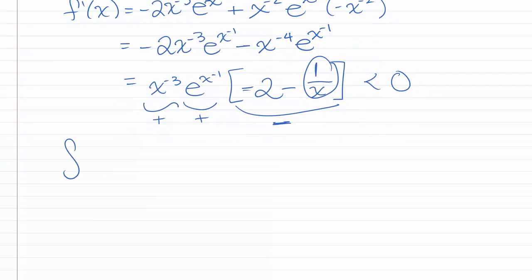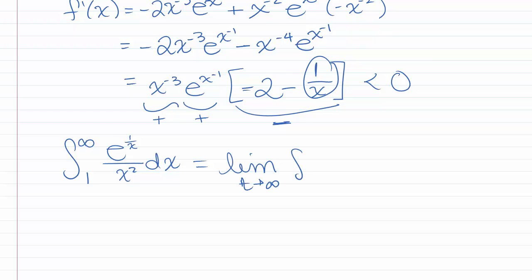So let's look at the integral from 1 to infinity of e to the 1 over x, over x squared, dx. Rewrite this, since it's an improper integral, as the limit as t goes to infinity of the integral from 1 to t of e to the 1 over x, over x squared, dx.